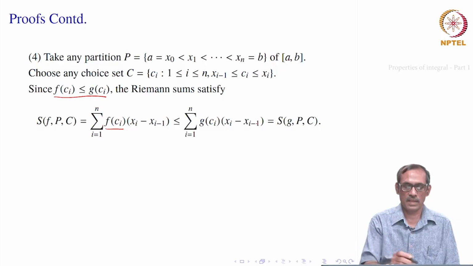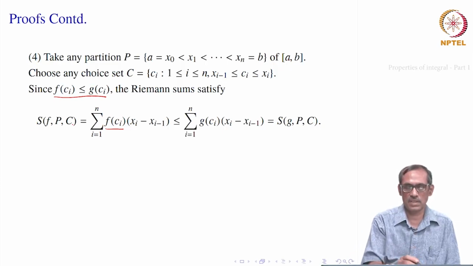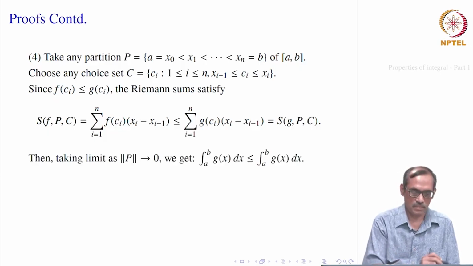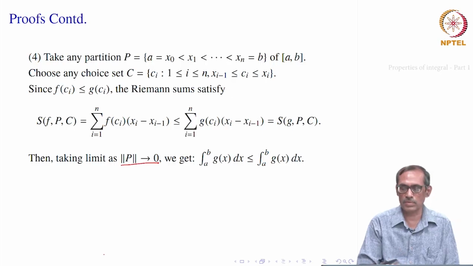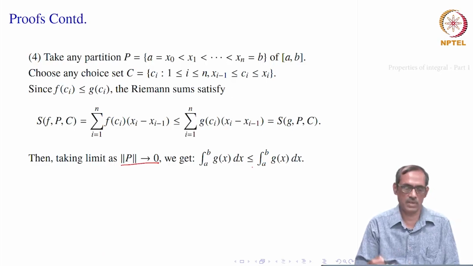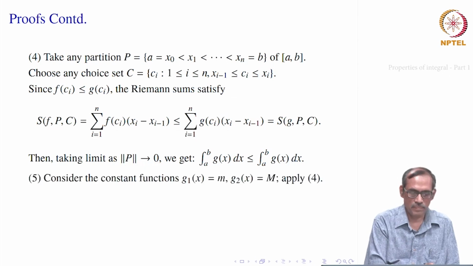That is, the Riemann sum for f and the Riemann sum for g are also related the same way: S(f, P, c) is less than or equal to S(g, P, c). Then when you take the limit as norm of P goes to 0, we get the integral. So, that is quite straightforward.